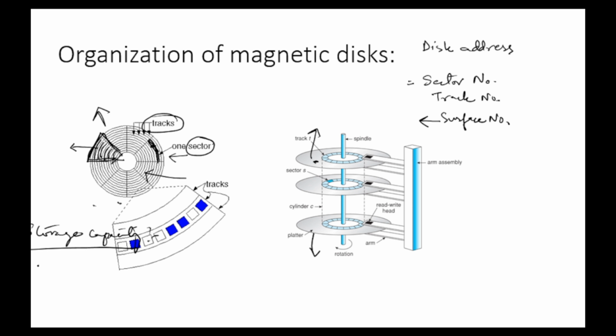Storage capacity is equal to the number of recorded surfaces, multiplied by the number of tracks per surface, multiplied by the number of sectors per track, and multiplied by the number of bytes per sector. This is the total storage capacity of the disk.